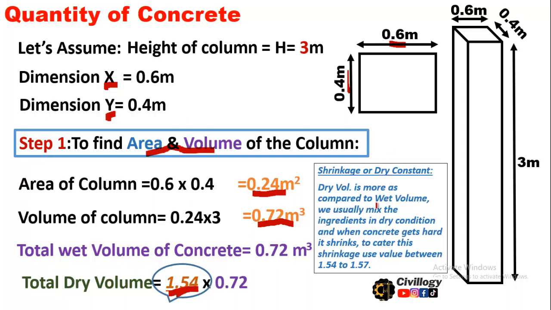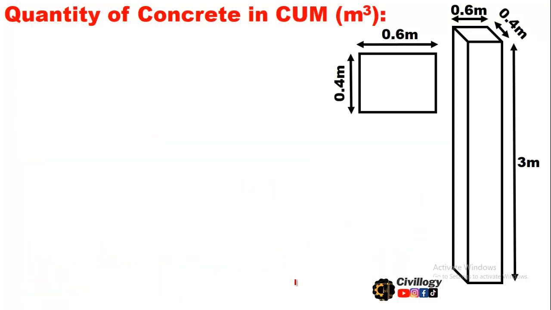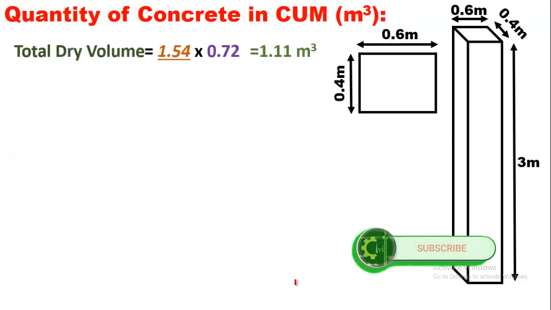As I told you before, we usually mix the ingredients in dry condition, and when concrete gets hard, it shrinks. To cater for this shrinkage, we use a value between 1.54 to 1.57. So it comes out to be 1.11 cubic meters. This is the dry volume of the concrete for which we are going to make further calculations.